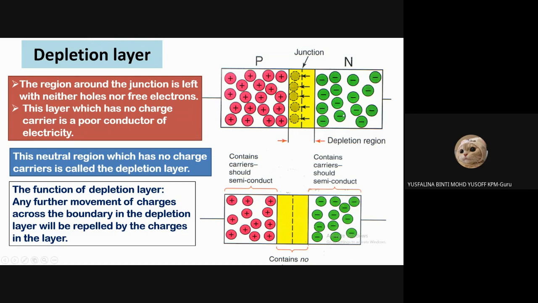This continues until both sides have no holes and no free electrons, and then they form the junction, the depletion layer. So the depletion layer stops the charge from moving from p to n or n to p.